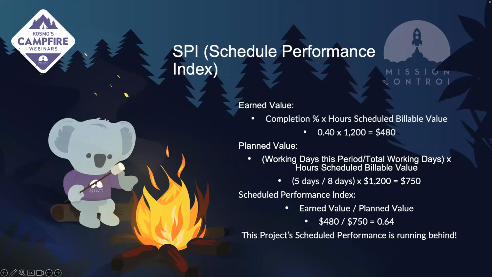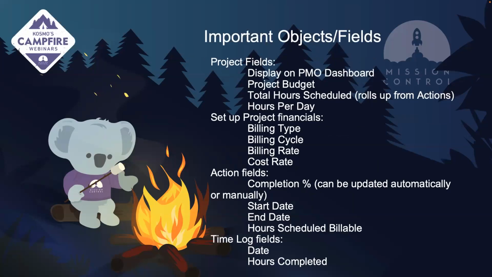All right. So some key fields on our actual records that are important for the PMO dashboard would be the display on PMO dashboard field. So that's going to basically select which projects are shown on the dashboard. There are fields and options to view your SPI and CPI on your project milestone and action record.